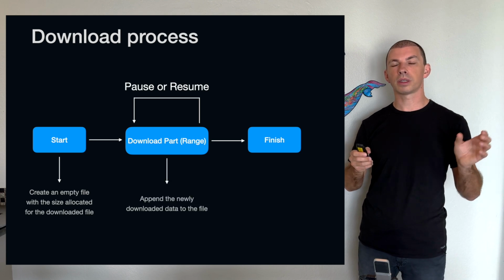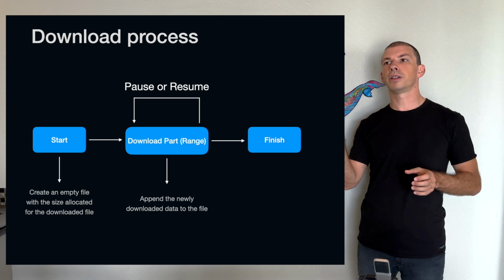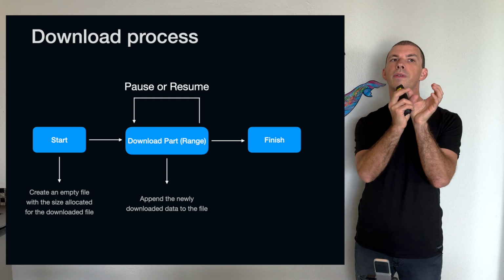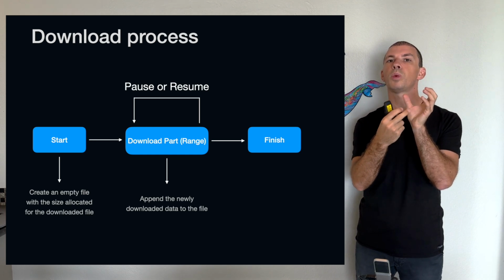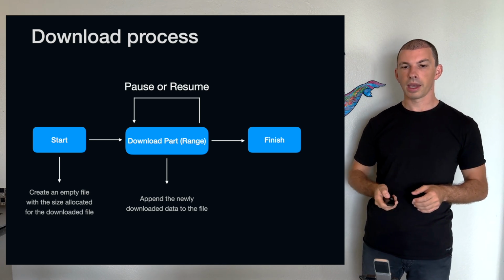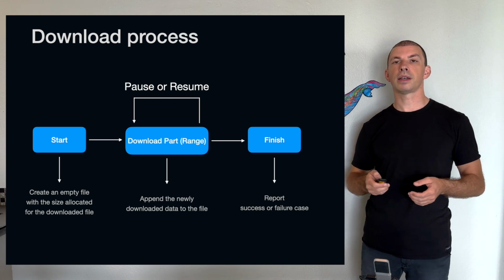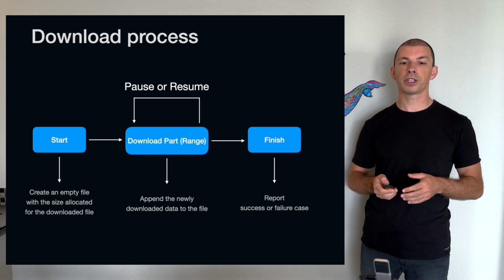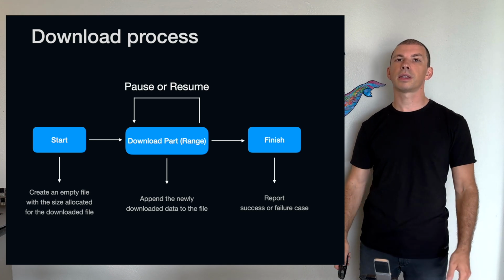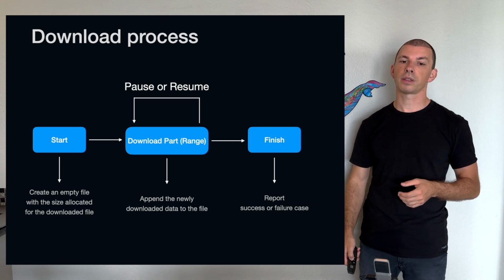Then we download the file part by part and replace the bytes in the file with the downloaded parts, again part by part, until we finish all of it. And as a result, we will report that the task is successfully finished, or that we have some errors, failures for different cases. Maybe it was cancelled, or maybe it had network issues, and so on.